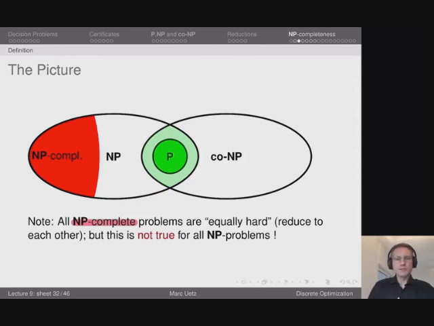Now, the maybe most important conclusion from this definition is the following. If I can solve only one NP complete problem efficiently, in polynomial time, then I can immediately solve all the problems in the class NP in polynomial time, because of the existence of a reduction of all the problems to this NP complete problem, right?